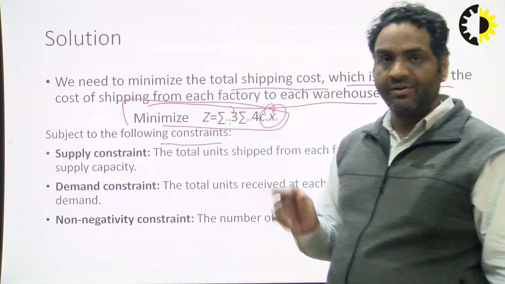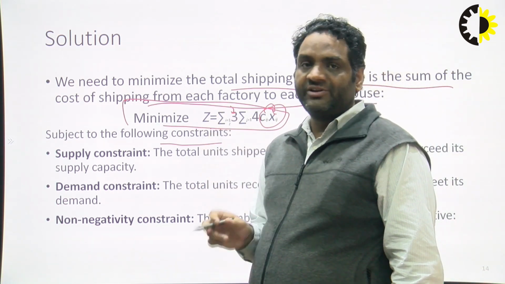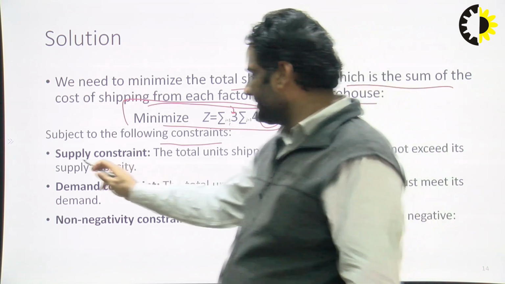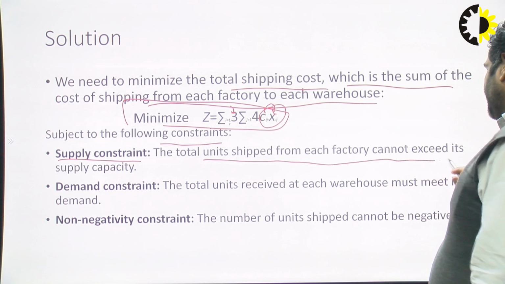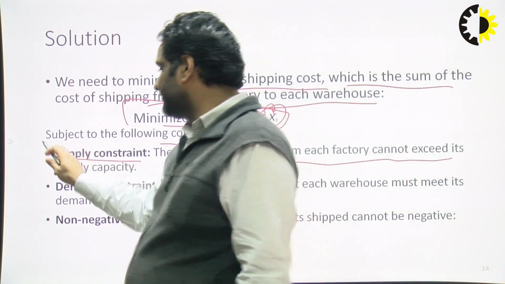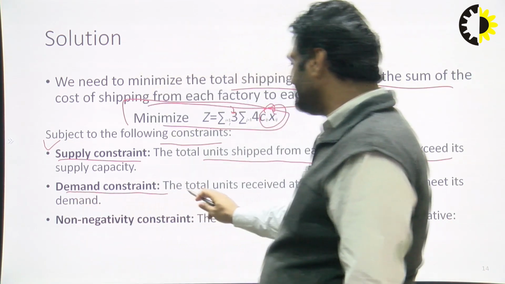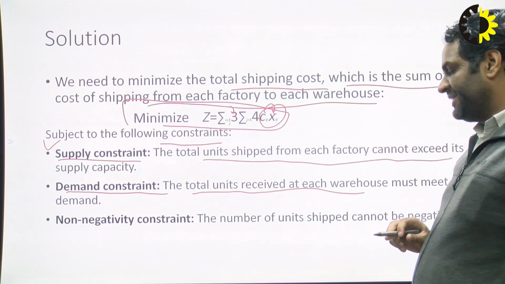We already told you that we have certain constraints. So the first is the supply constraint. The total units shipped from each factory cannot exceed its supply capacity. This is our first constraint. Then we have the demand constraint, that is, total units received at each warehouse must meet its demand.